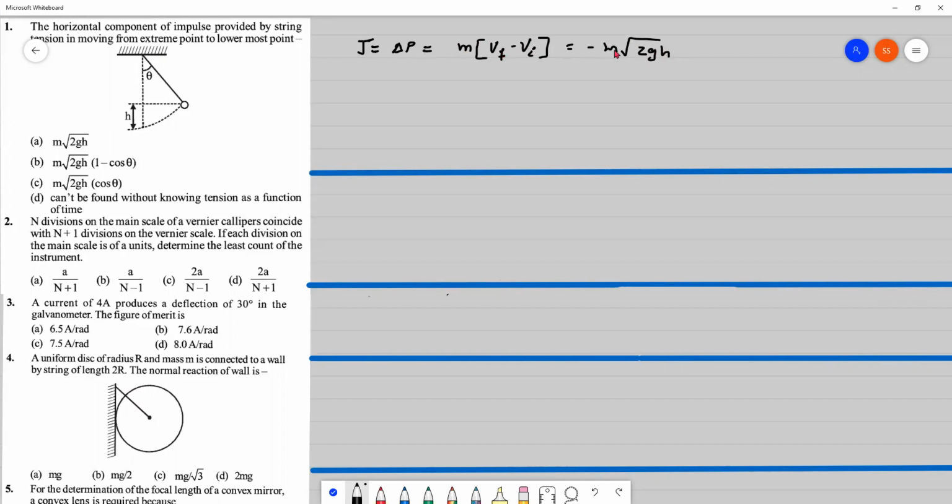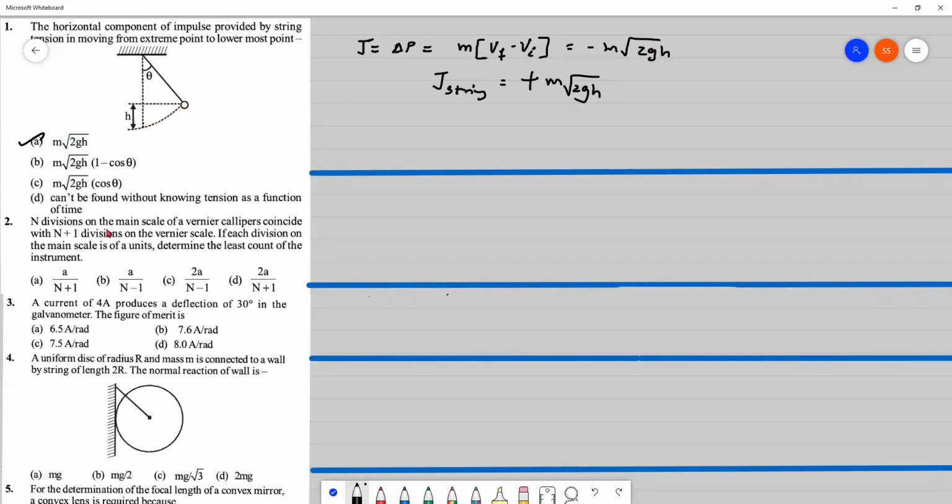This is the momentum experienced by the sphere, the ball. They are asking for the momentum provided by the string, so that will be minus of this value. So momentum provided by the string is plus m times root of 2gh. So this is the answer.